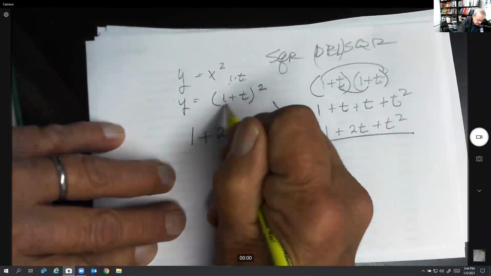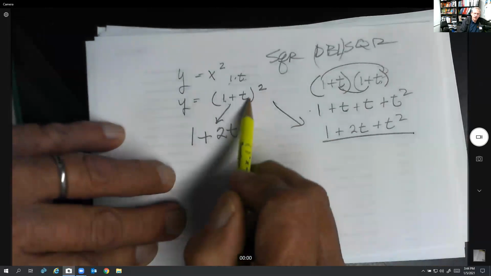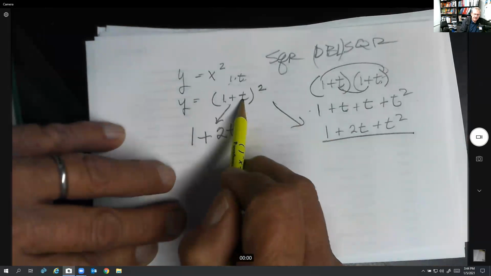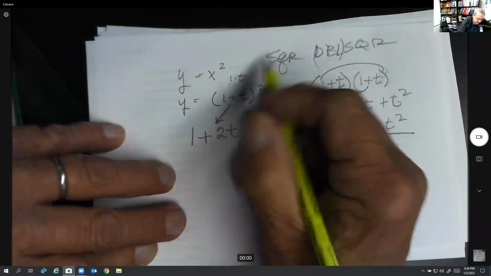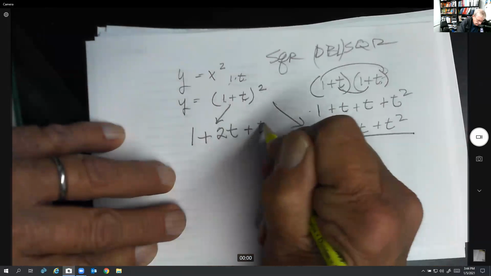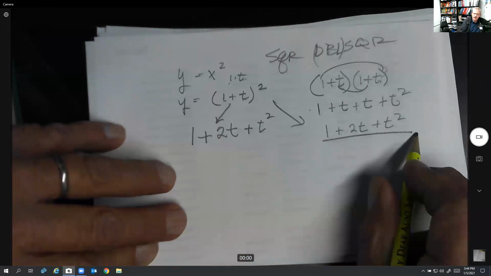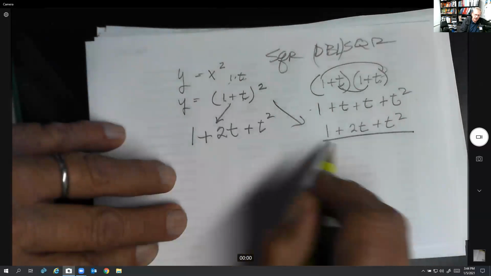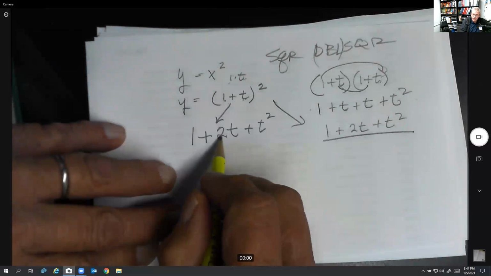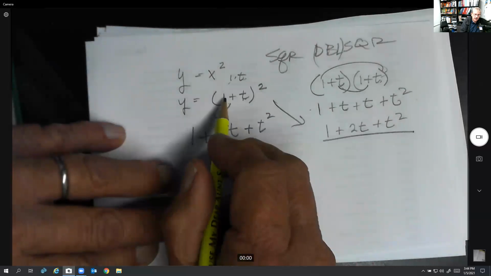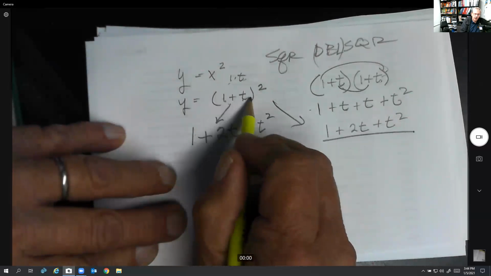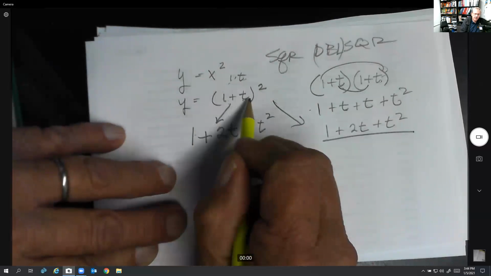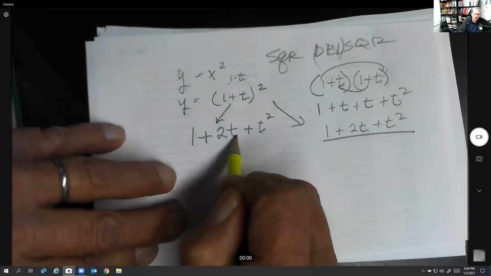We're going to use the same sign we had, and then we're going to square the t. t times t, plus t squared. You see, it's a little faster than writing this whole thing out and doing the FOIL. If you're not used to it, you want to practice this because we're going to use this quite often in here. Square, multiply together, double, square.